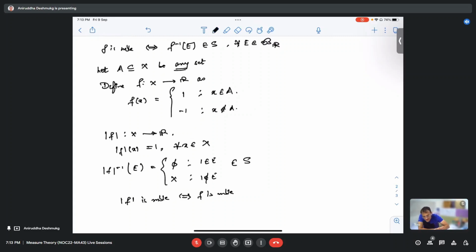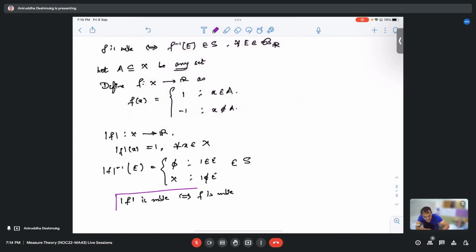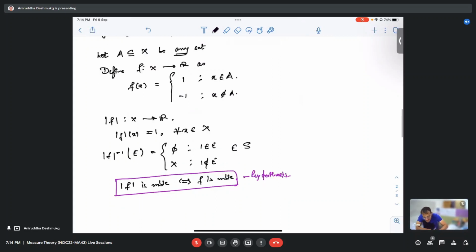Are you understanding what I'm trying to say here? Yes, sir. You have defined a function such that mod f is measurable if and only if f is measurable. No, no. This is the hypothesis, right? I have not defined a function such that this happens. This is my hypothesis. But then mod f is measurable, which means that f is measurable, right?